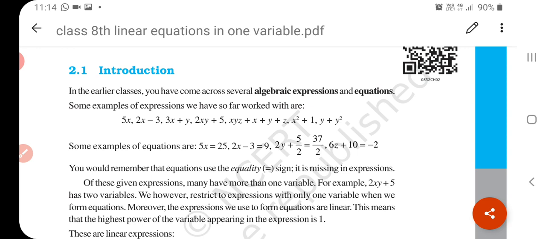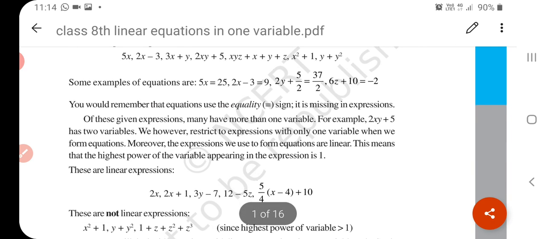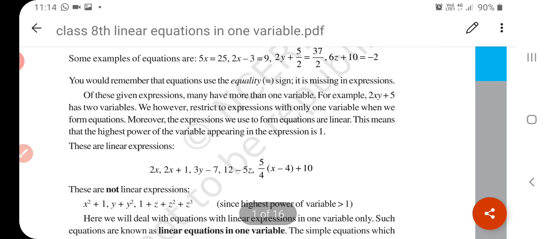So what is linear equation? The expression which forms the equation contains a single variable and the highest power of the variable in the equation is 1. An algebraic equation is an equality involving a variable. It says that the value of the expression on one side of the equality sign is equal to the value of the expression on the other side.